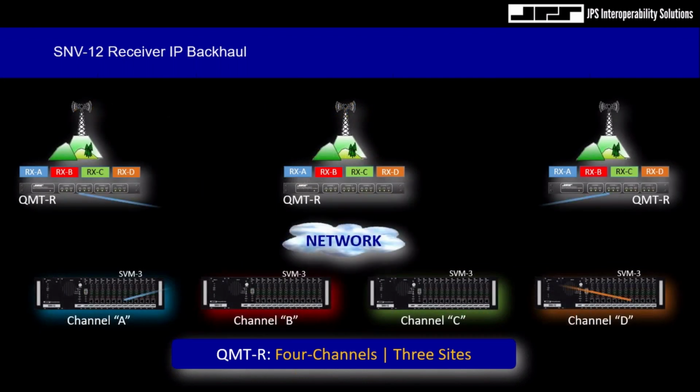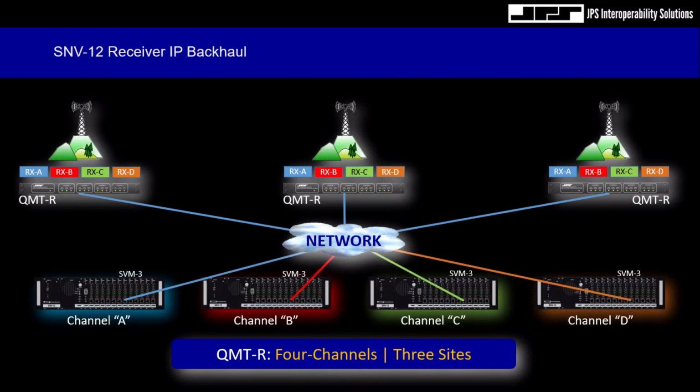Just to clarify what a single QMT-R looks like in a very simple system, this is an example of a 4-channel, 3-site system. And as you can see, a single SNV12 voter chassis at the left is supporting channel A in this example, and there is a channel A receiver at each of the receiver sites.